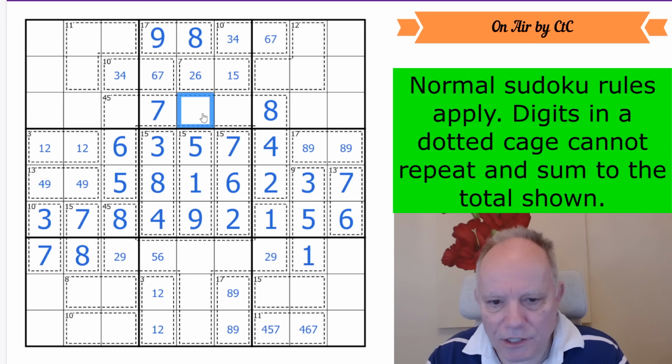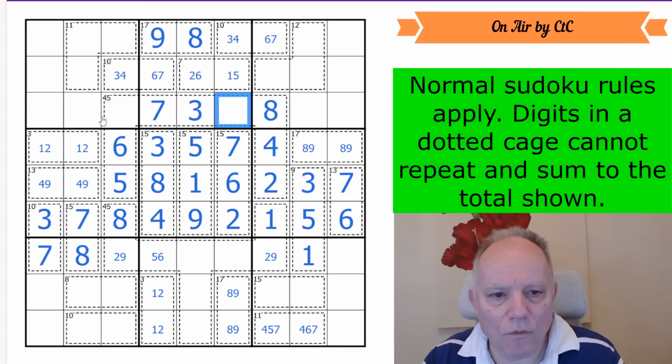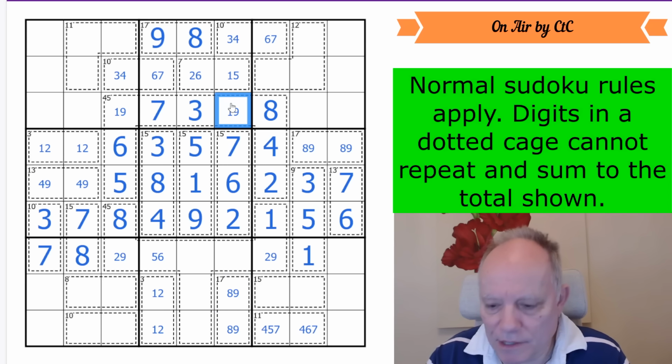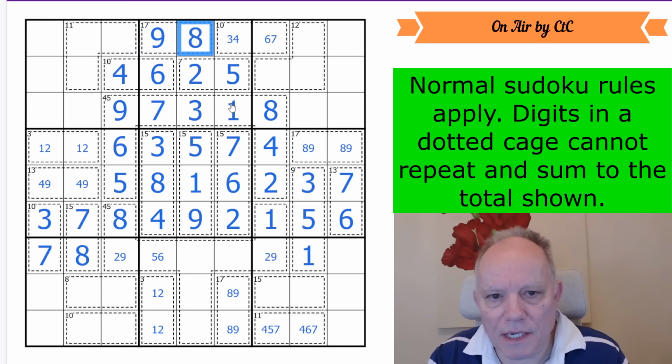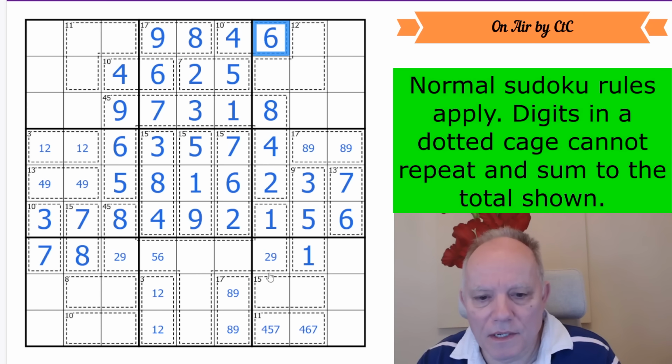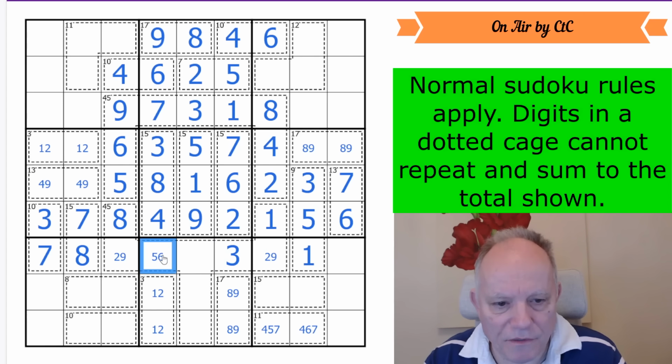The other remaining digits are 3 and a 1-9 pair. Actually, that 8-9 pair is looking at one of those, so this is becoming very doable now. 5, 2, 6, 4, that's a 4, 6 there. This is a 3 in the column, this is a 5 in the column.